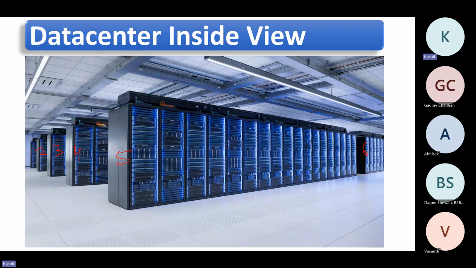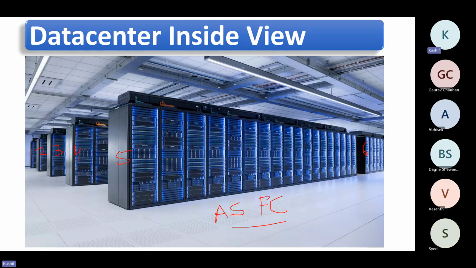Dedicated containers for Intune are called Azure Service Fabric Cluster. So the Azure Service Fabric Cluster will have hundreds of containers or thousands of containers, right? In those containers, dedicated Intune services are running.